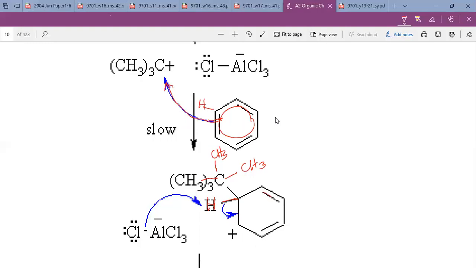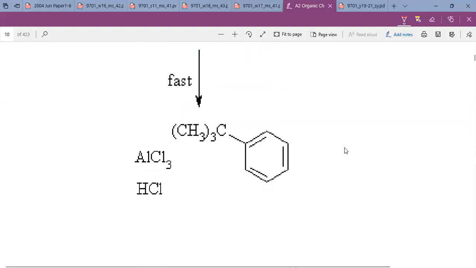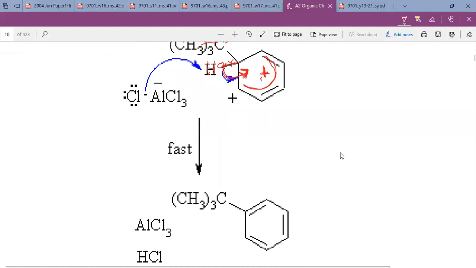You draw the arrow from here to here, and put a positive sign. Now the 2 electrons here will move down from here to inside the ring. This is not a very good diagram. This electron will neutralize the positive sign, and of course the H plus comes off.